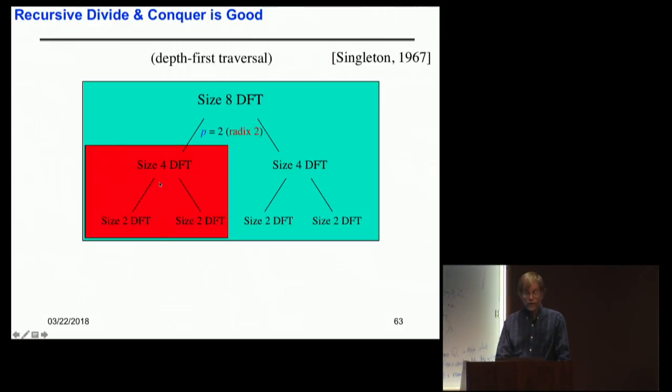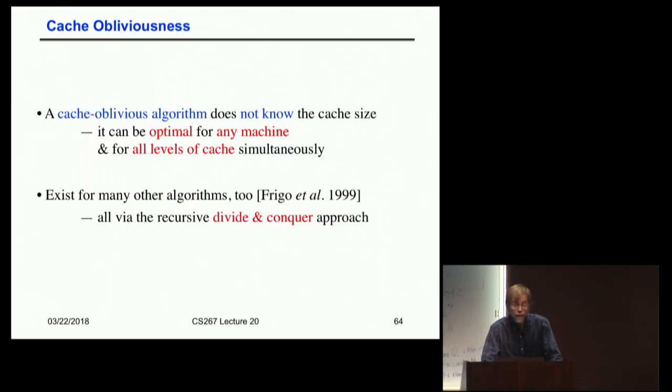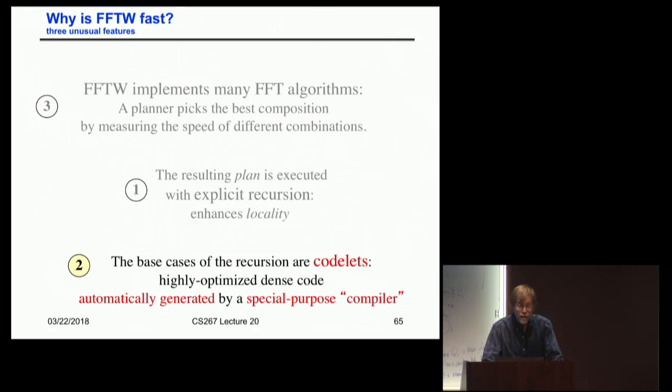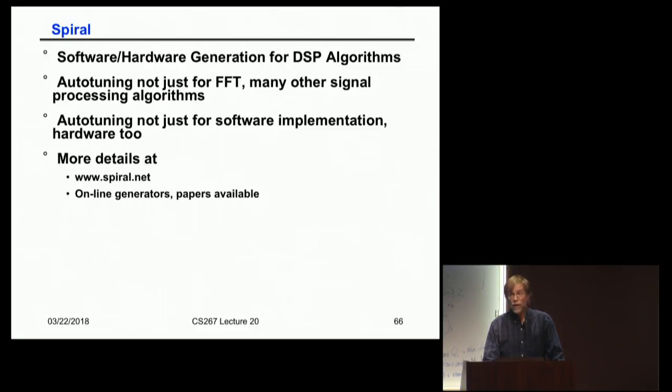This is what I'm going to build when I do the search: how big should the bottom of my recursion tree look like? And that's part of what they return to you in the plan. Let me just skip ahead here. This is called a cache oblivious algorithm because it works for any size. So that's all I wanted to say about FFTW.